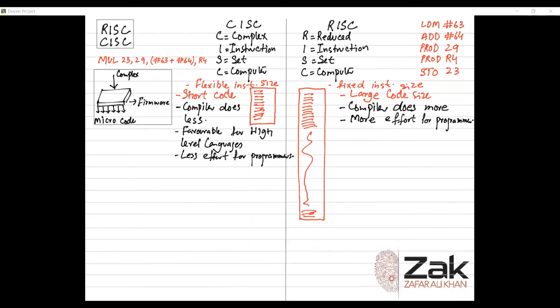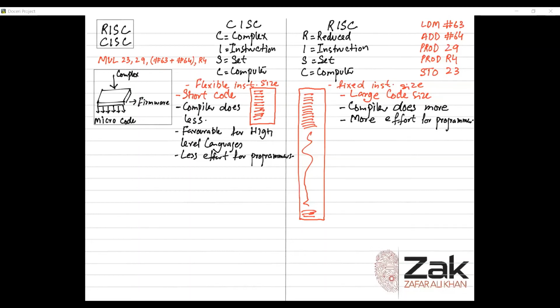So high level languages are built on top of complex instruction set code, whereas assembly language is built on reduced instruction set code, and we know that whatever you do, ultimately the processor has to convert everything the way the assembly of that processor requires.